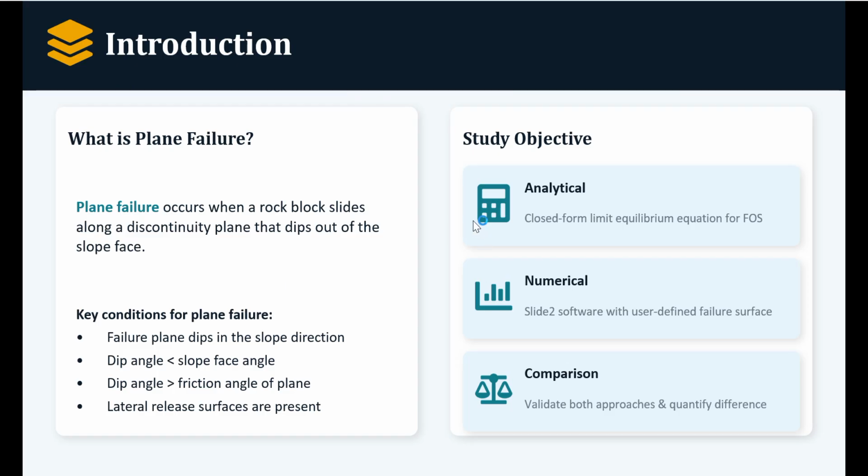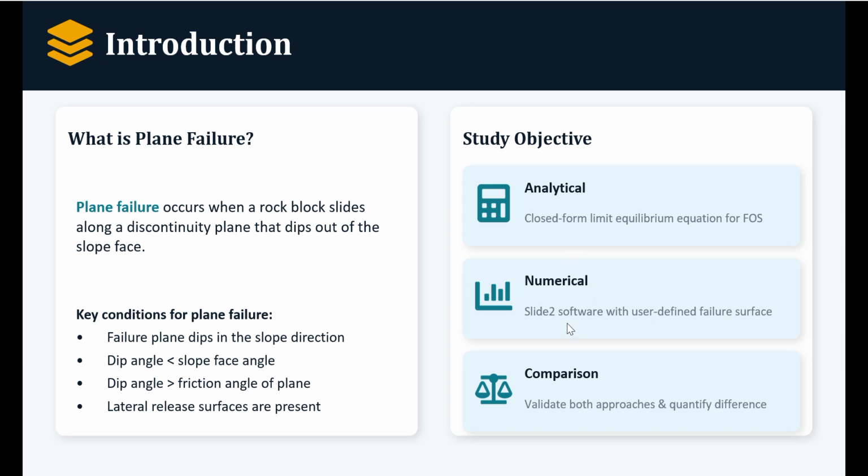Here you can see study object. The analytical method is nothing but simply mathematical calculations, just putting in the formulas and getting the answer. That's the analytical method. Generally we have mathematical formulas, then we apply those formulas to calculate the factor of safety. In numerical method, I will use the Rocscience software.